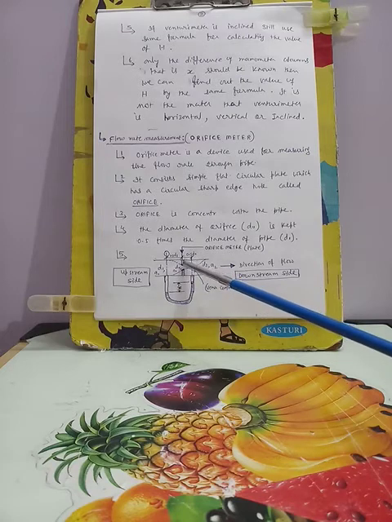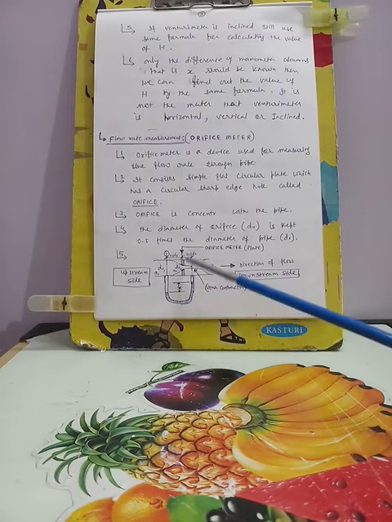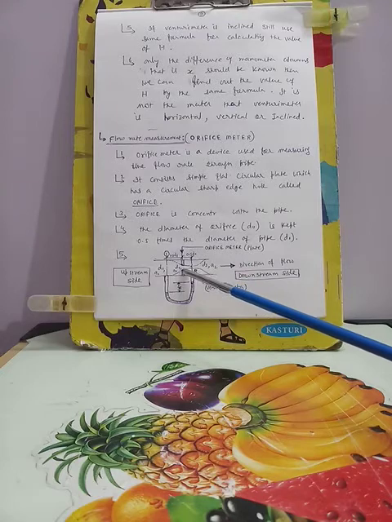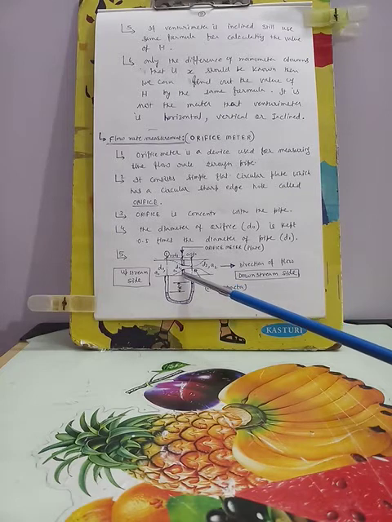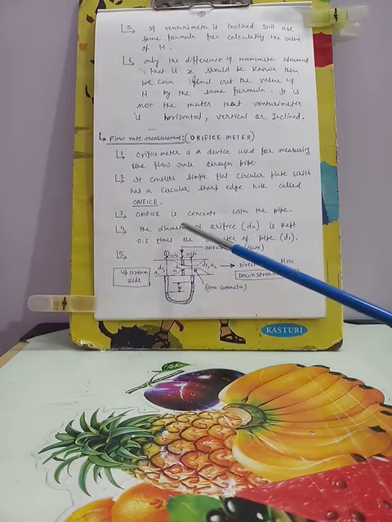The section of the plate is shown. This is the pipe and the circular plate, and one sharp-edged hole is there. This hole is called the orifice, and this plate is called the orifice meter.